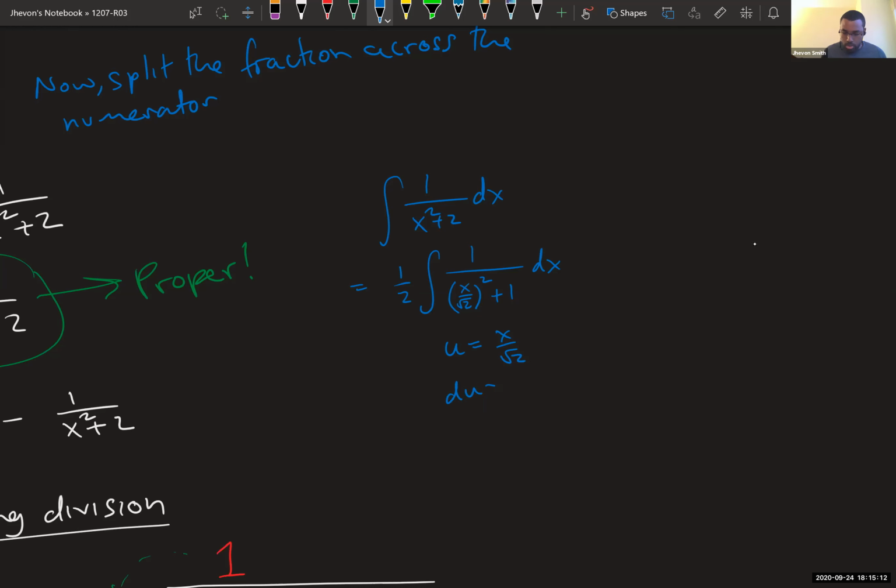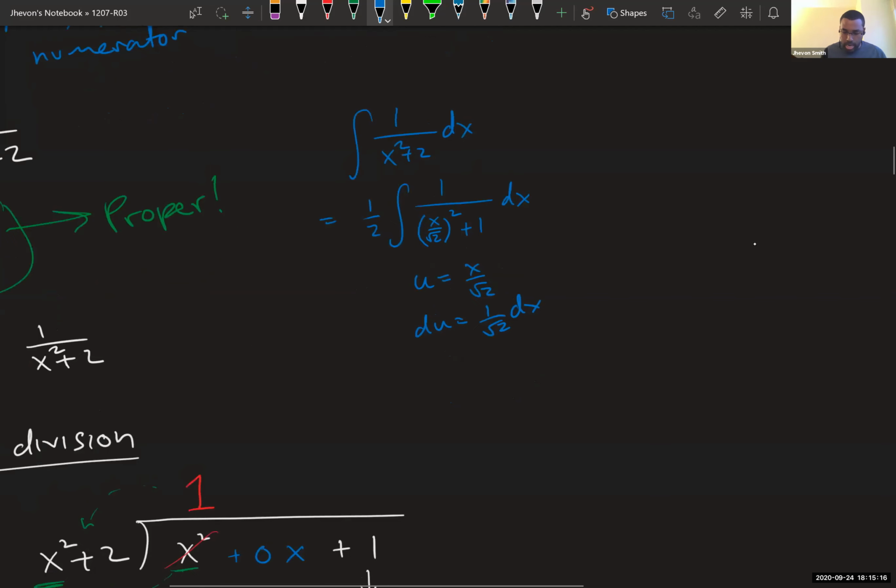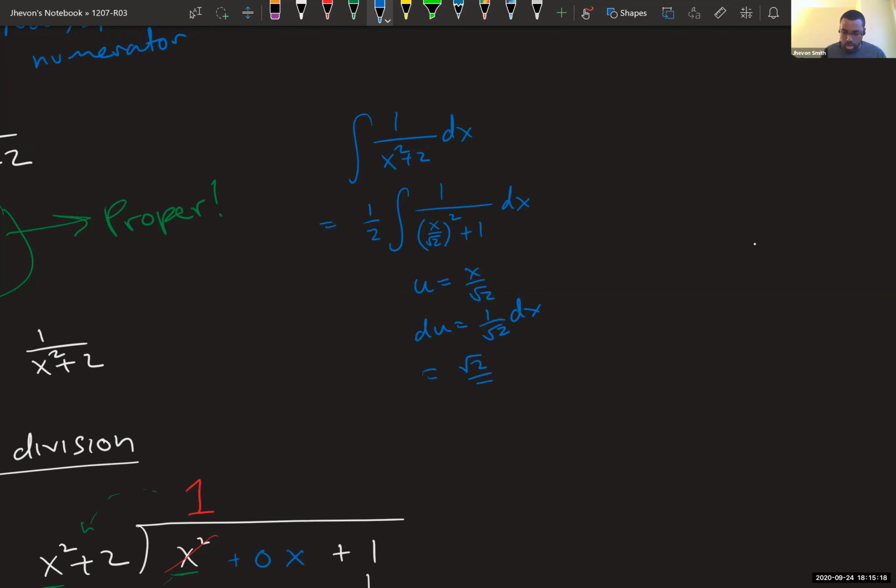My du would be 1 over radical 2 dx. And so this guy would end up being radical 2 over 2 times 1 over u squared plus 1. And so this would be radical 2 over 2 tan inverse. It'll be quicker than a trig sub.